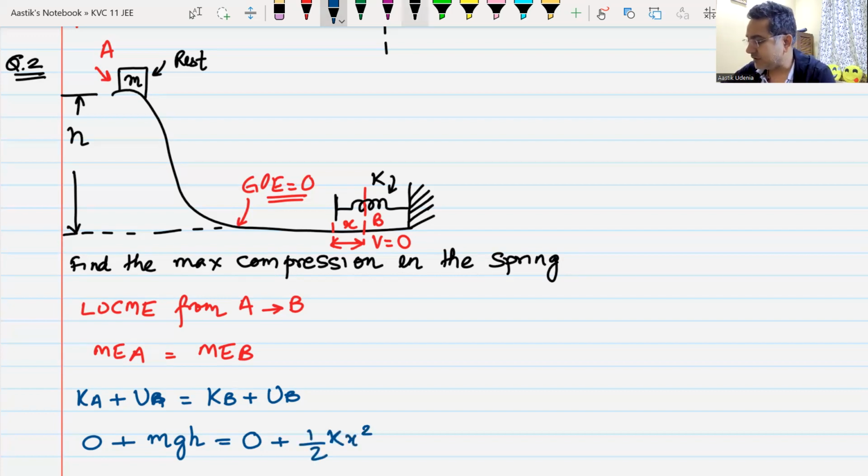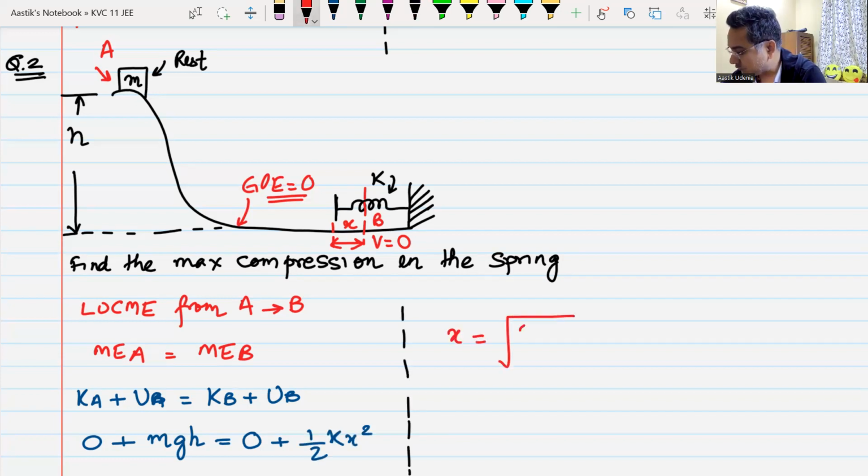That's it. From there, you should be able to calculate the value of x, and the value of x that you will get would be under root of 2mgh by k, and that is the answer we were looking for. Everyone got this?